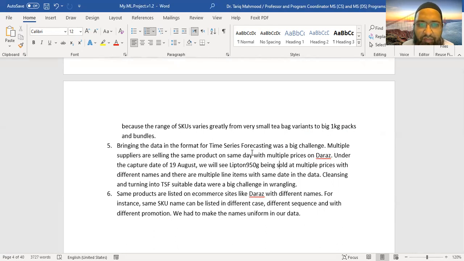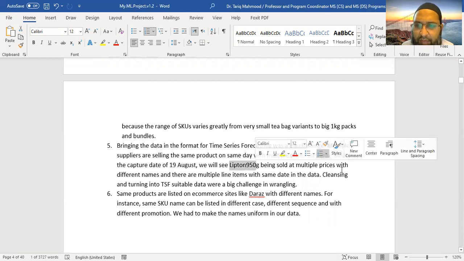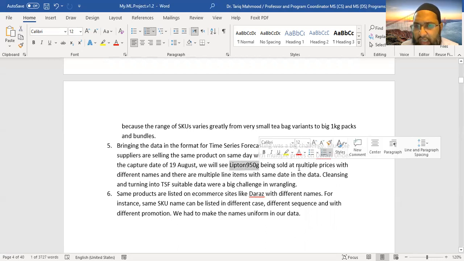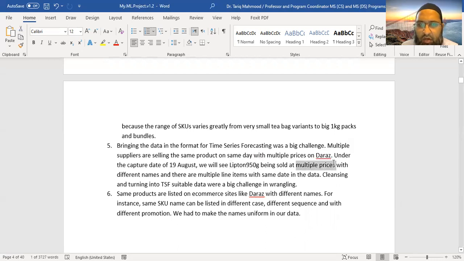For example, we can take the average. On the 19th of August 2020, Lipton 950 gram was being sold at multiple prices with different names, and there are multiple line items with the same date in the data. So obviously we need to do a lot of wrangling in this case, because the same brand is being sold at different prices with different names.